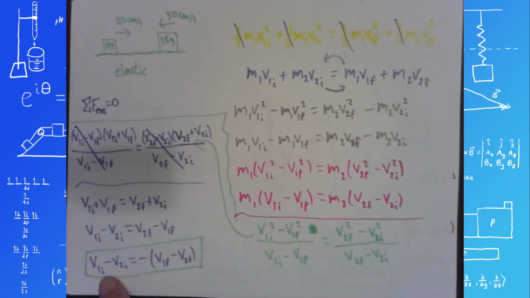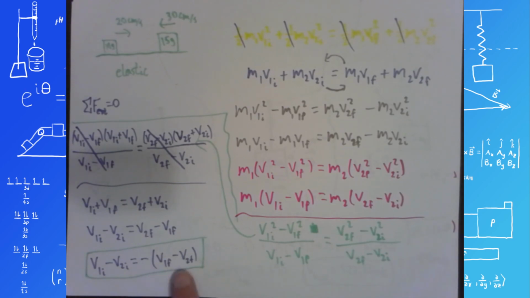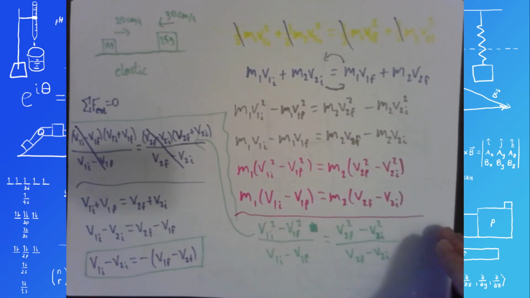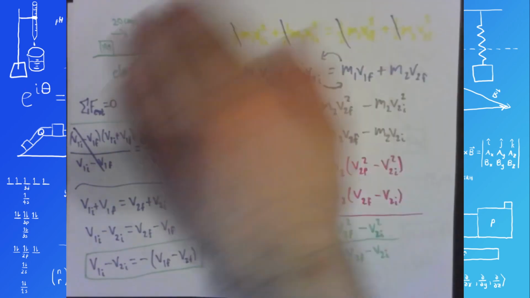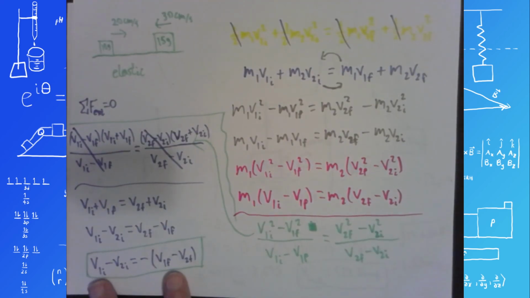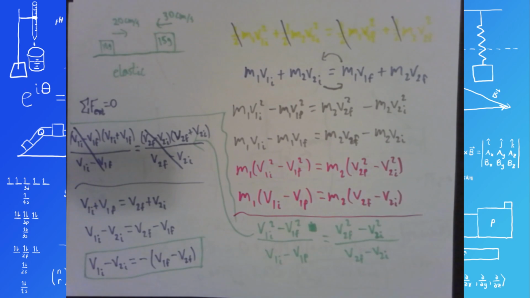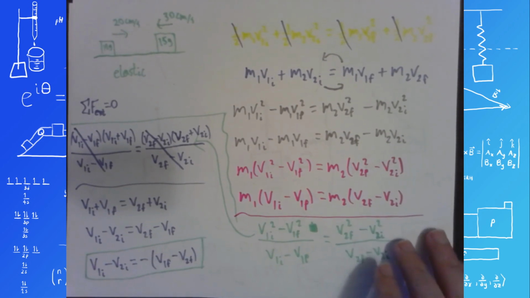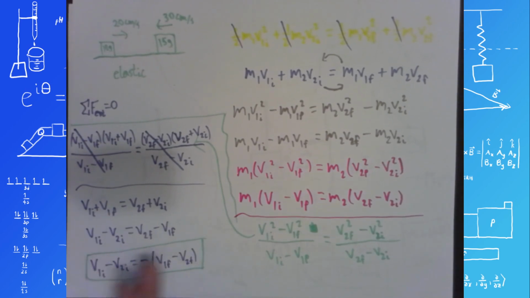Relative velocity before collision equals the negative of the relative velocity after collision, and then just pick one object that you're defining velocity relative to. It could be the first object or the second object. It doesn't matter as long as you stick with that same object for before and after.